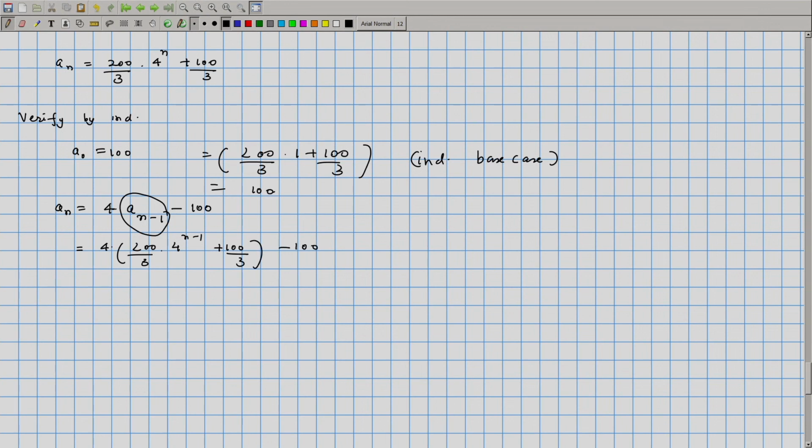The recurrence relation gives this as the answer, and that is going to be equal to 200 by 3 into 4 raised to n plus 400 by 3 minus 100. Okay. So, that is going to be equal to 200 by 3 into 4 raised to n plus 100 by 3, that agrees with the formula that we had computed via the generating function method.